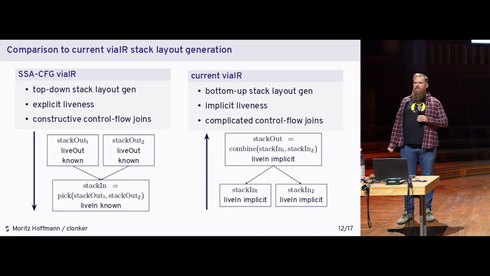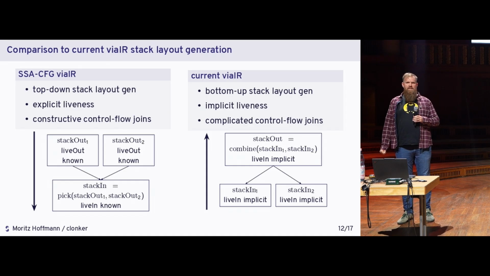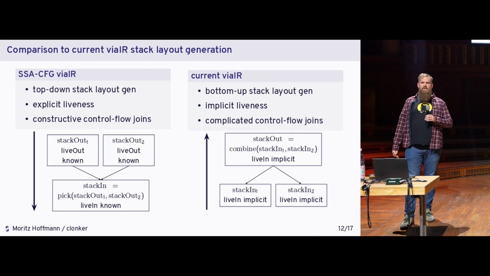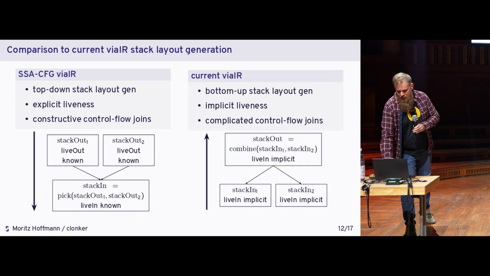That is done because you don't have an explicit liveness analysis, and in particular, you then will only see the definition of a variable after you have seen its use. This also means if I have control flow joins in the bottom-up direction, then I cannot assume that I can just pick one of the two, but I have to actually merge two stack layouts, which is a very expensive and opaque operation. So we're winning there.